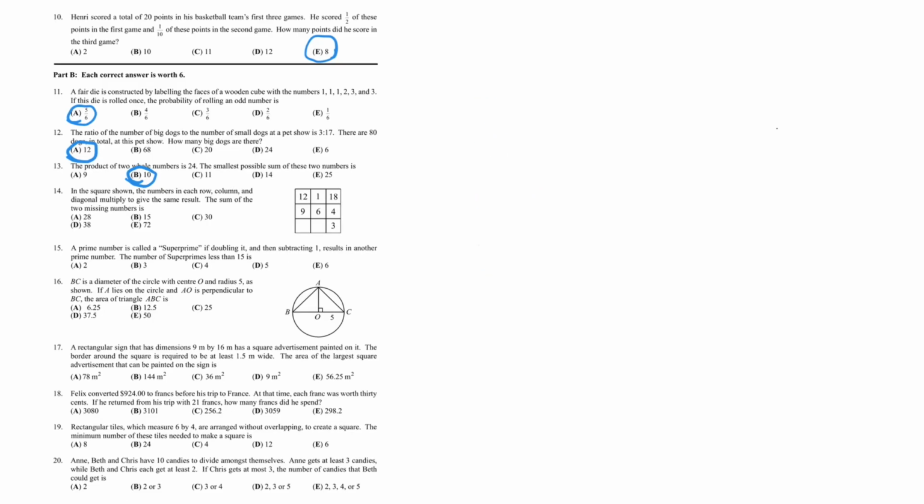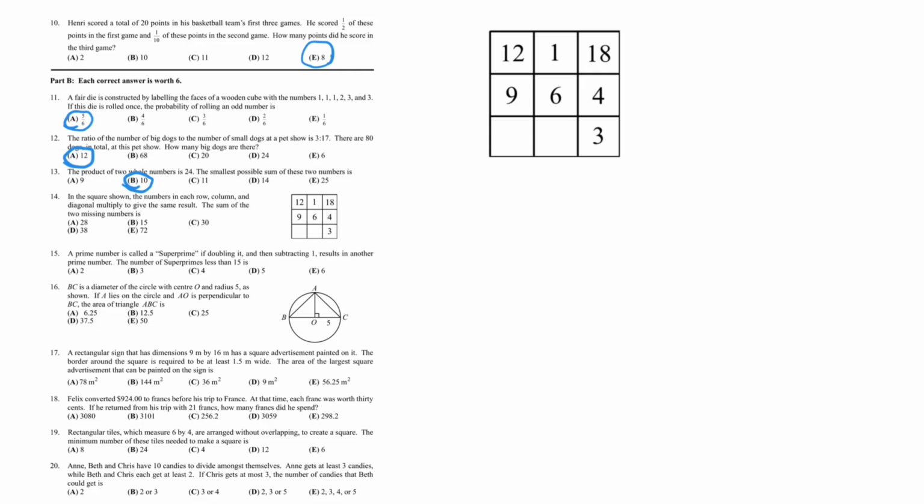Number 14. In the square shown, the numbers in each row, column, and diagonal multiply to give the same result. The sum of the two missing numbers is... For all the diagonals, columns, and rows, the product is the same. Now we do this one. For the two diagonals, the product is the same. We don't calculate this one. 3 times 12 is 36.